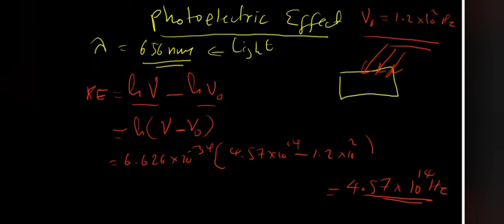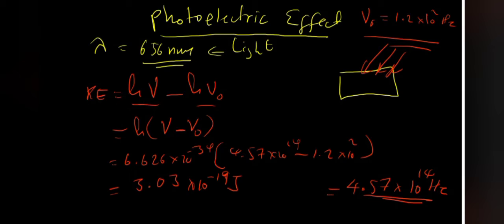So let's start with the brackets there: 4.57 times 10 to the power 14 minus 1.2 times 10 to the power 2. And then we multiply that by 6.626 times 10 to the power negative 34. Okay. So that is going to give us 3.03 times 10 to the power negative 19 joules. So that will be the kinetic energy.